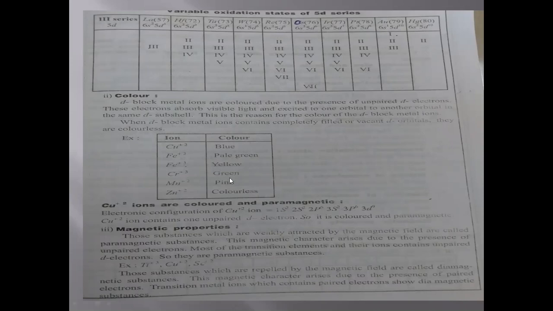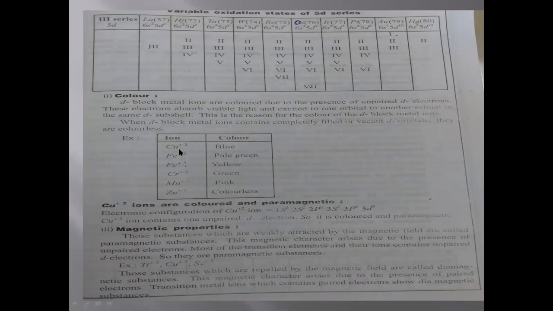See, in this block we have copper in +2 state, iron in +2 state, iron in +3 state, chromium in +3, manganese +2, and zinc +2. And here I am showing you the color of the respective ion.